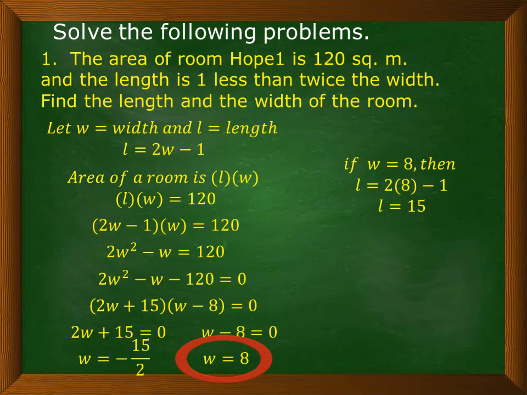So L is equal to 2 times 8, which is your W, minus 1. So your L is equal to 16 minus 1, therefore the final length is 15. So the length of the room is 15 meters, while the width is 8 meters. So this is now your final answer for question number 1.